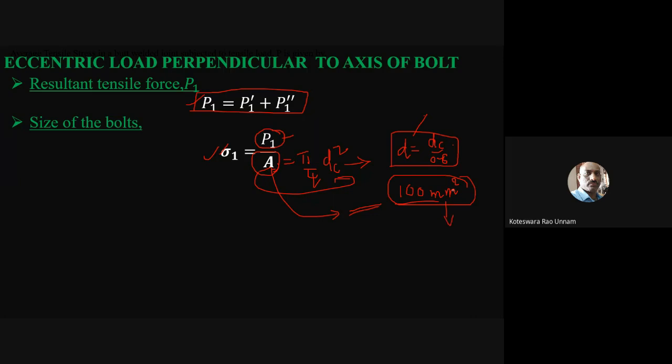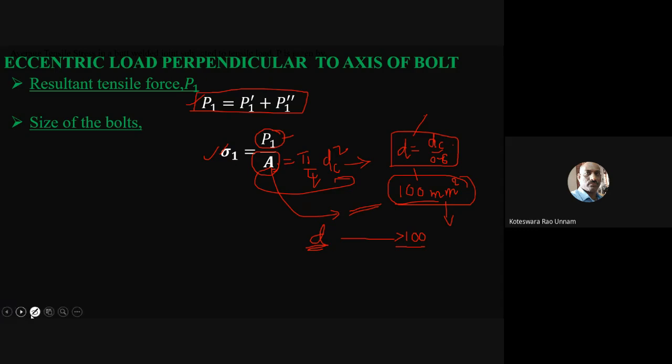You cannot take a bolt having less than 100, so you look for slightly more than 100, the next number higher than 100. Then you identify its corresponding nominal diameter, and that is going to be the diameter of the bolt required for this application. Like that you can solve the problem.